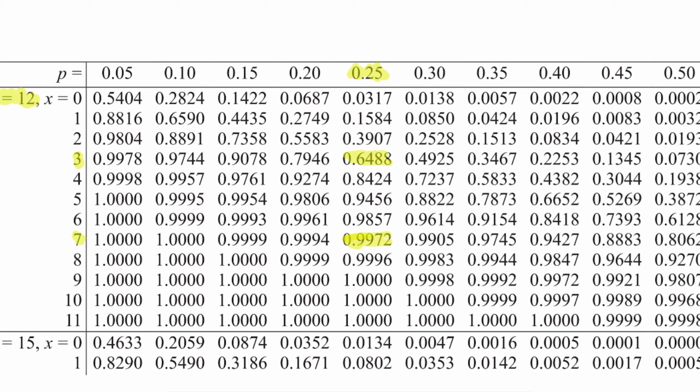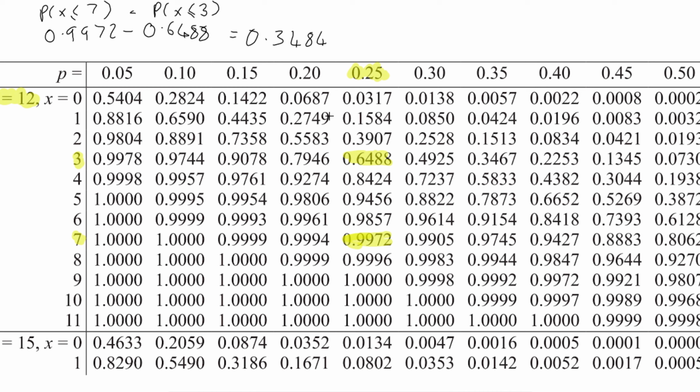So the sum which I'm going to be doing is 0.9972 minus 0.6488. And that is the probability that x is less than or equal to 7 minus the probability that x is less than or equal to 3. And that works out as 0.3484. So about 34.84% chance.